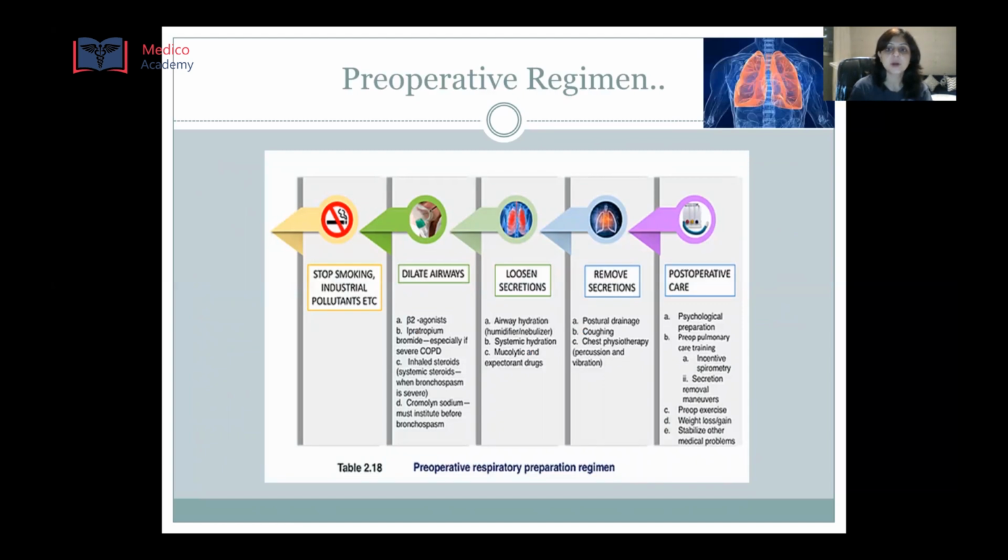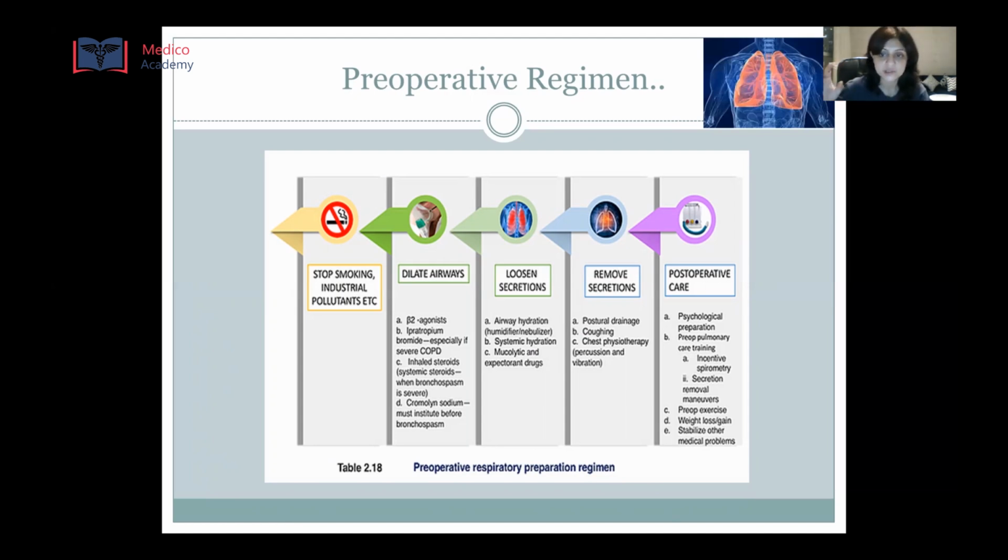So this is the preoperative regimen. We stop the smoking, industrial pollutants, etc. Minimal exposure to them, of course. Dilating the airways with beta-2 agonists, ipratropium bromide, say inhaled steroids or cromolyn sodium before the bronchospasm. We try to loosen the secretions with proper airway hydration, very important, with humidifier or nebulizer. Systemic hydration is a must. Mucolytics, expectorants.